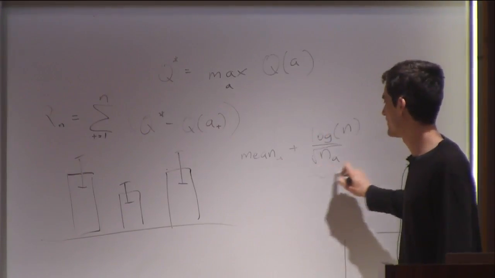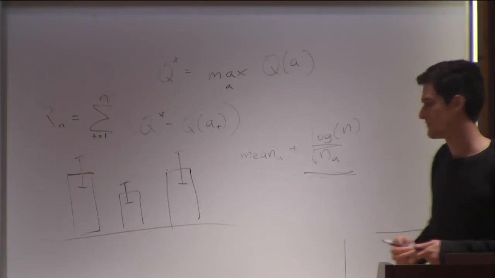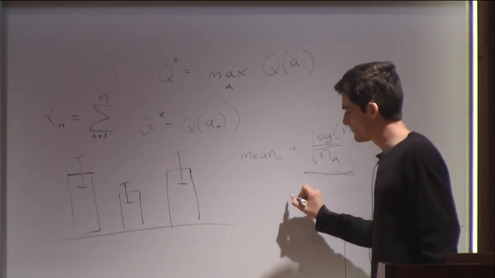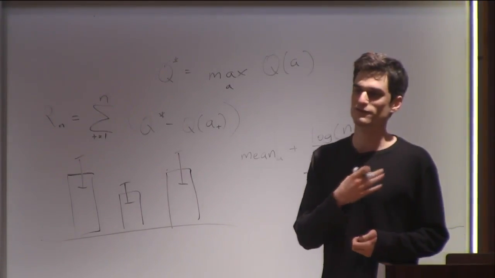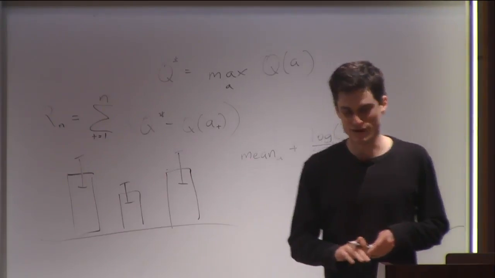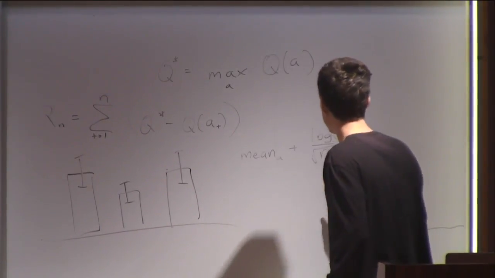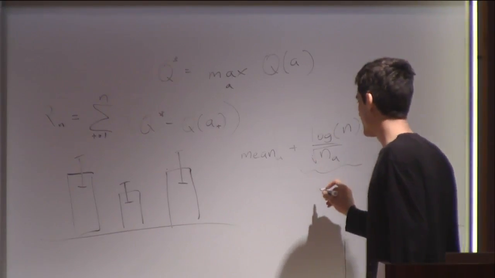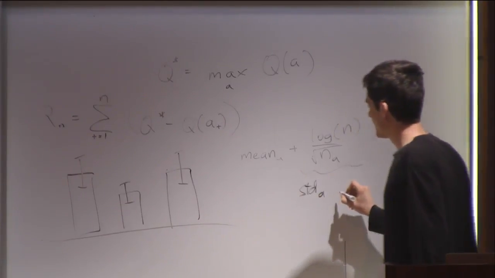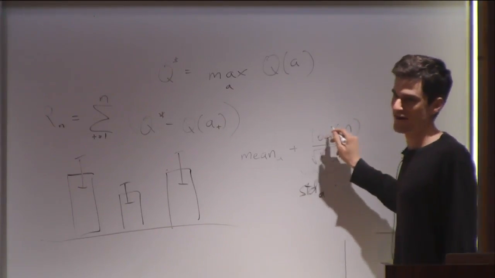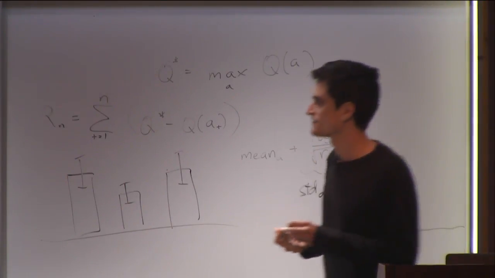This is your bonus, which encourages you to take the actions that you haven't taken very many times. And the uncertainty, or standard deviation, goes as 1 over square root of the number of samples. So you can think of this factor here as the standard deviation of action A times some very slowly growing factor, which turns out to be necessary to get the optimal bounds.